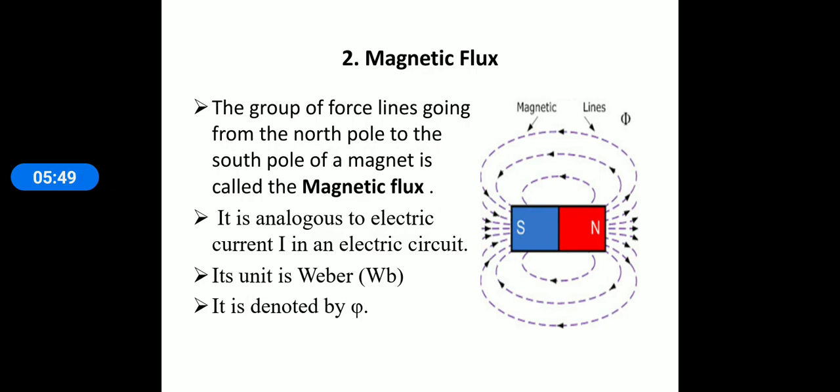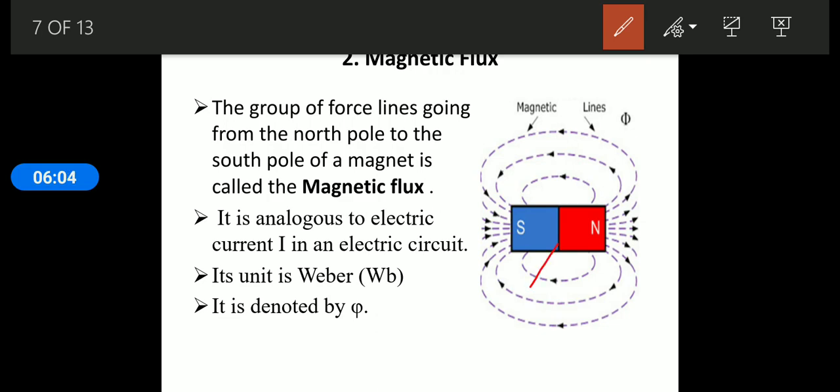Next, magnetic flux. The magnetic flux is defined as the total number of lines of force in a magnetic field. That is, this is the magnet, and here is the magnetic field, and in the magnetic field the total number of lines of force is nothing but the magnetic flux.